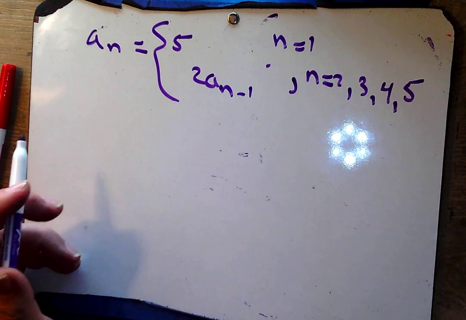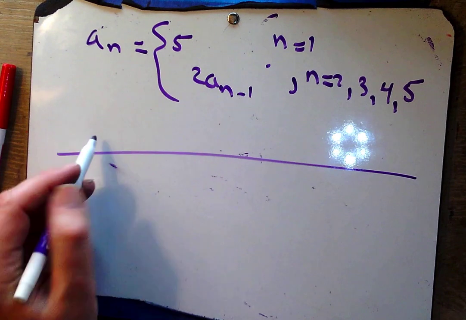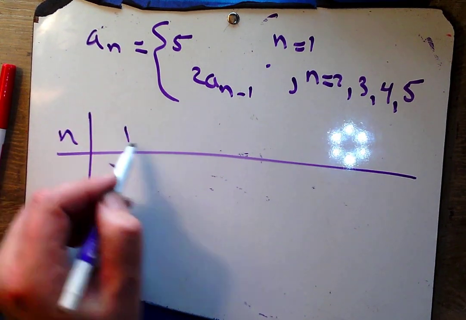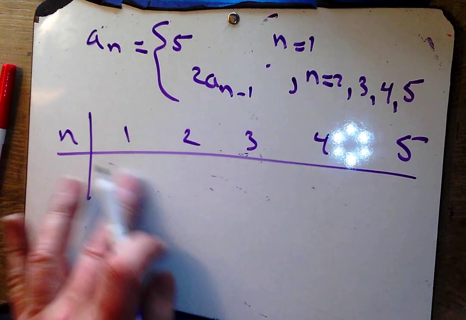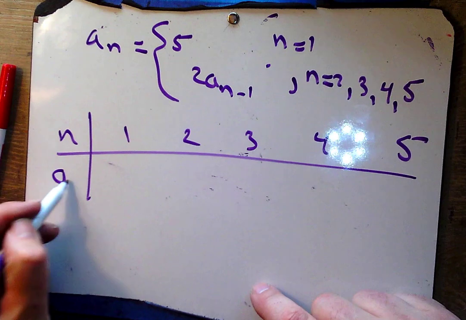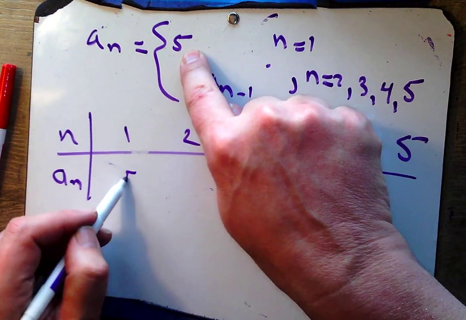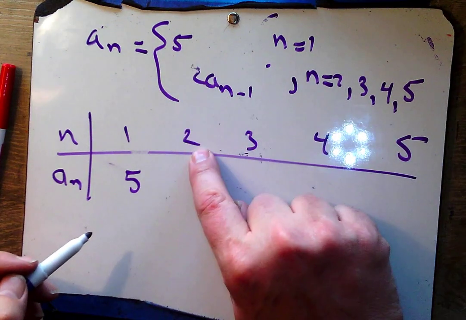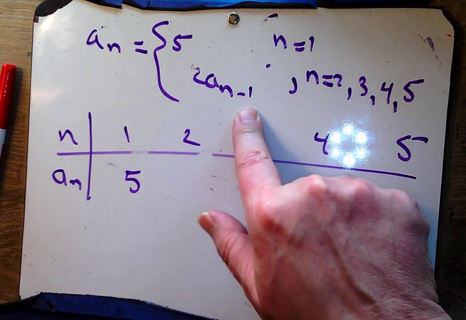Okay, so a sub 1, right? I mean, I'm going to have 1, 2, 3, 4, 5. We need to have these first 5 terms. And here I want an a sub n. If I plug in a 1, I get 5. If I plug in a 2, 2 minus 1, that's 1.